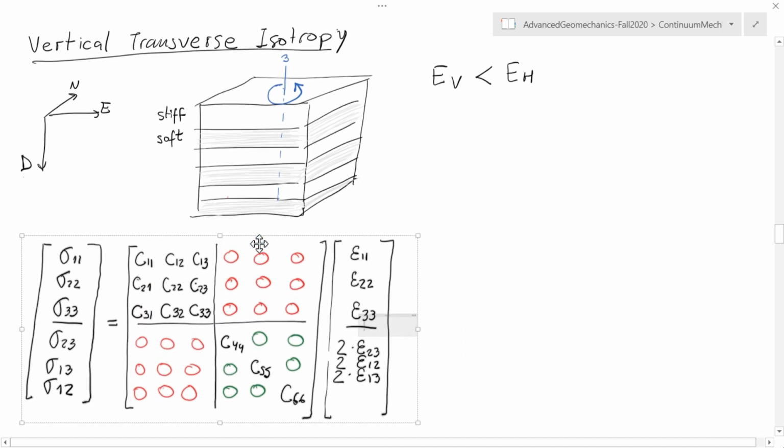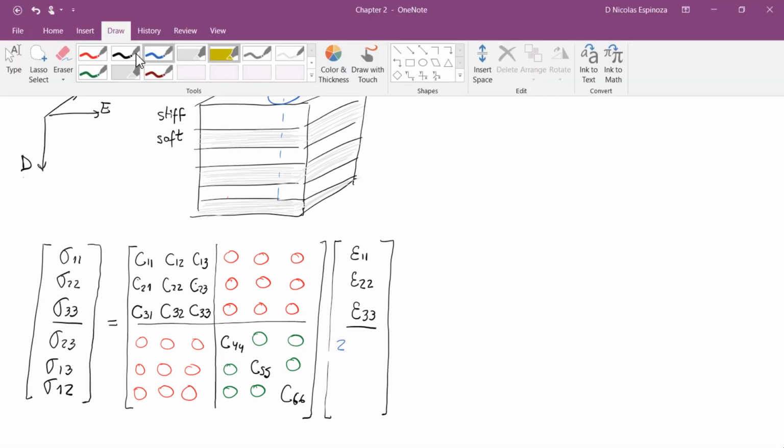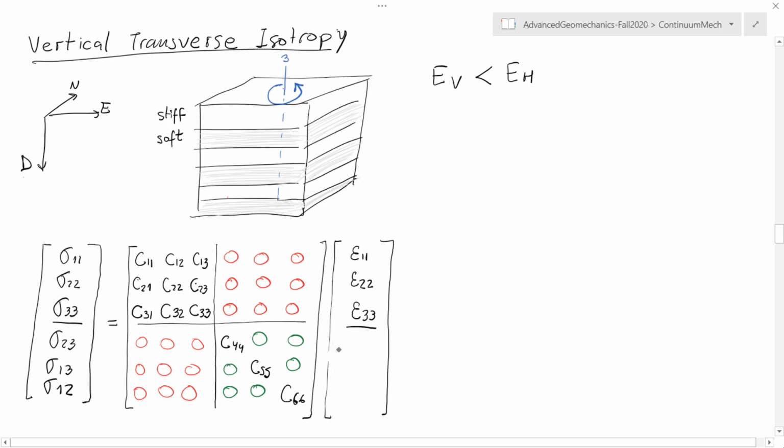Some of these coefficients are going to be the same. Let me fix this first, and then we'll go through that. So here's 2 epsilon 1 3, 2 epsilon 2 3, and 2 epsilon 1 2. And because the stiffness in the horizontal direction is the same, I'm going to see how that affects the matrix.